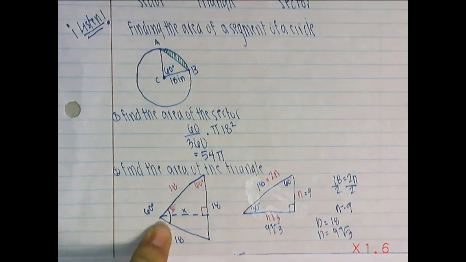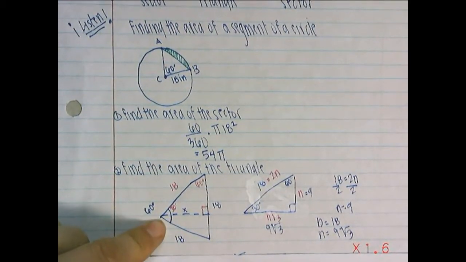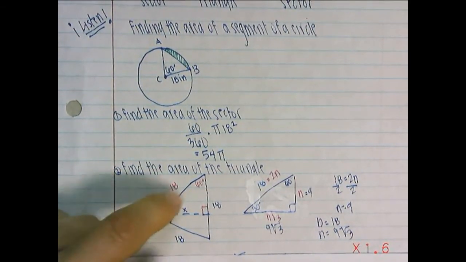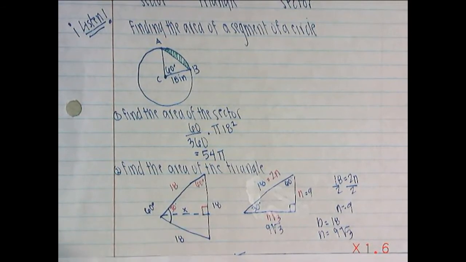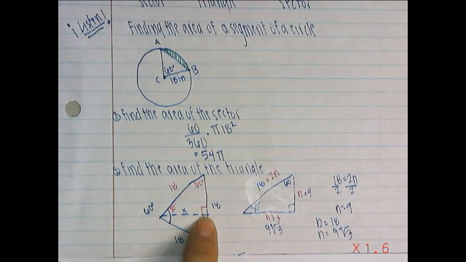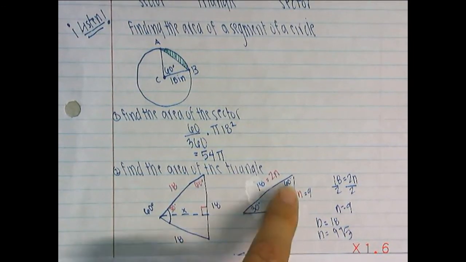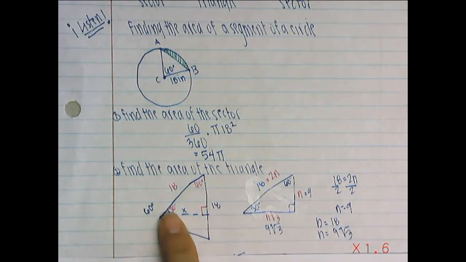So I'm going to set it up as a 30-60-90 triangle. I created this 30, I ran it perpendicular so that it was 90, and then I know that that one's 60. So I'm going to start by labeling the sides.